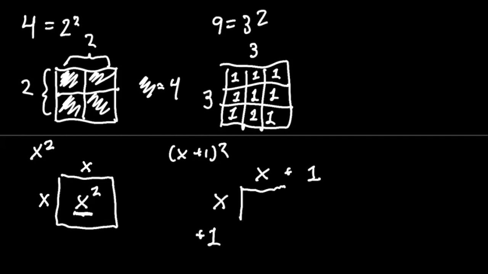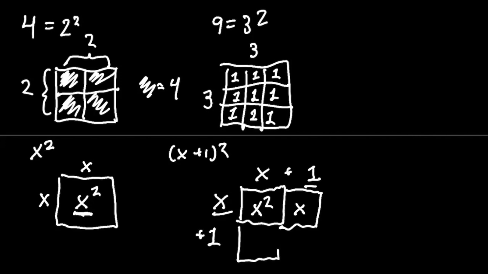So we end up with this x squared box here. We end up with 1x, so 1 times x here. We end up with 1x over here also. And then finally, this side, notice we have the 1 and the 1. So we just have 1 box left over, an area of 1 left over.